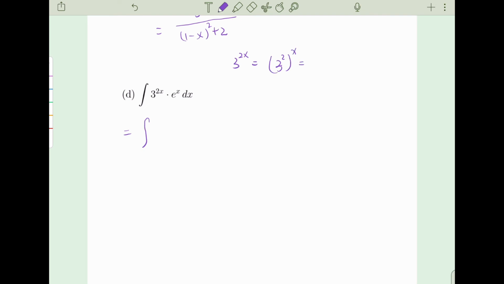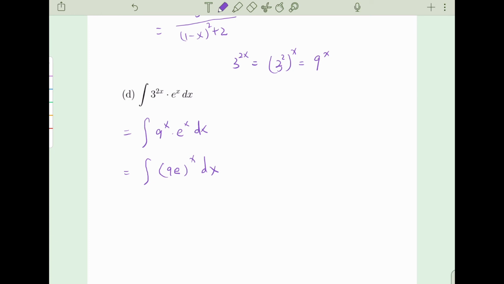So that becomes 9 to the x, right? So this one is 9 to the x times e to the x dx. And now since they have the same exponent, I can combine them by multiplying the bases, so it becomes (9e) to the x dx.